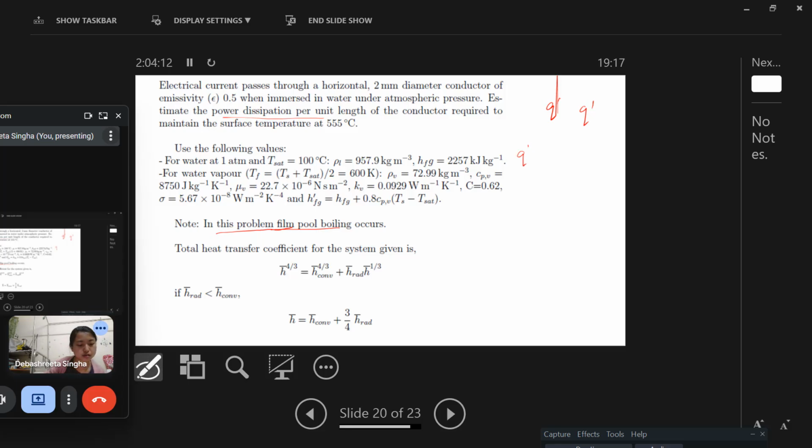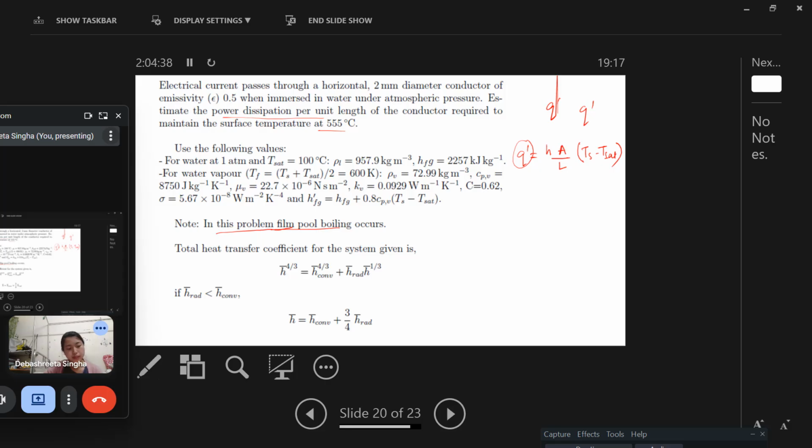So Q prime is equal to, we know Q is equal to hA delta T, but here, instead of A we can write A by L because it is prime, meaning per unit length, delta T. Delta T is Ts minus T sat.